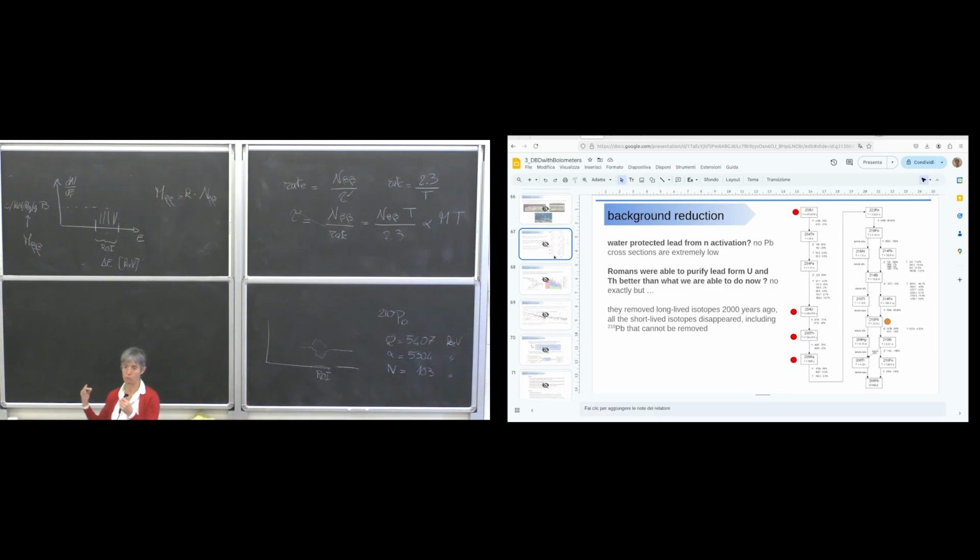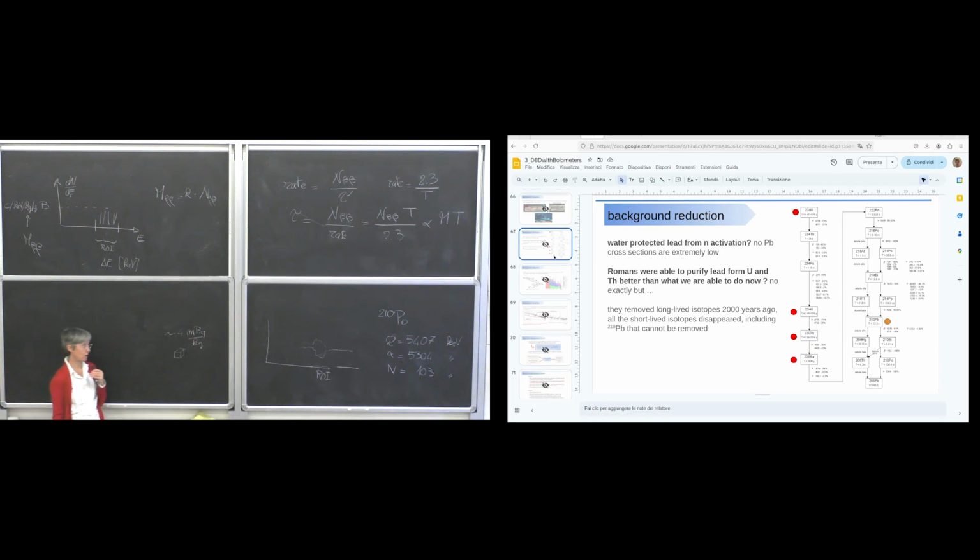The only way in which we were able to measure the content of lead 210 in Roman lead was to melt a small amount of lead. We did not exactly grow a crystal, but we obtained a crystal, and then we operated it as a bolometer. It didn't work very well, but we were able to measure the contamination of lead 210 at this level.